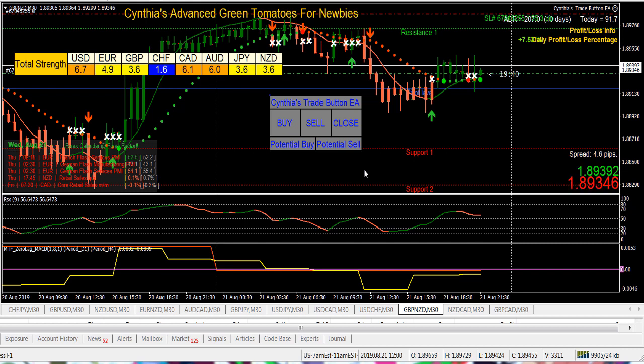So now you have a risk-free trade. That's the greatest thing about this trade button. It makes it easy to place your trades and your stop loss and take profit, but it has the built-in trade manager, which is really so valuable and fantastic. And then it will start trailing according to your preset file that you've chosen.